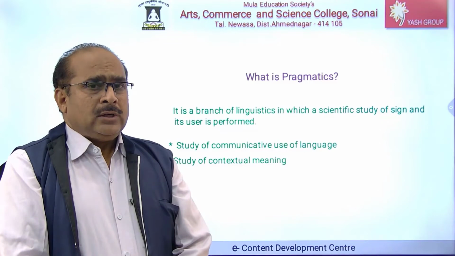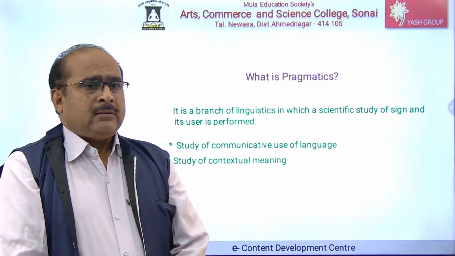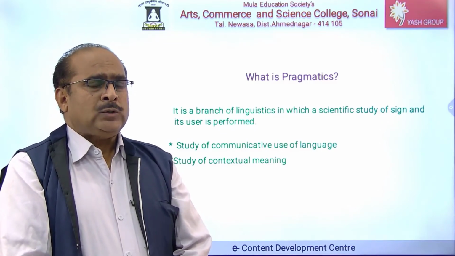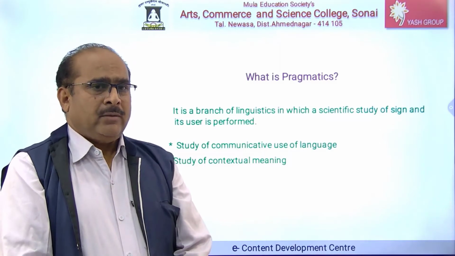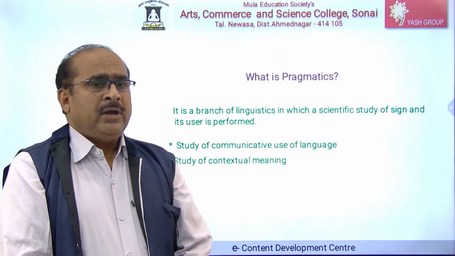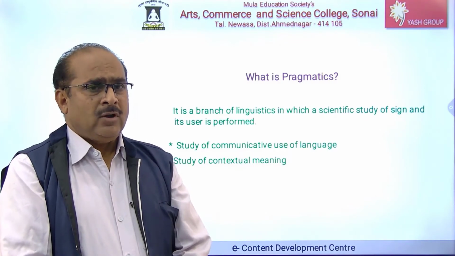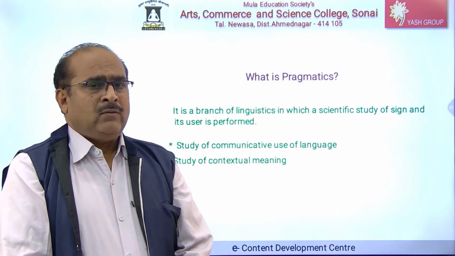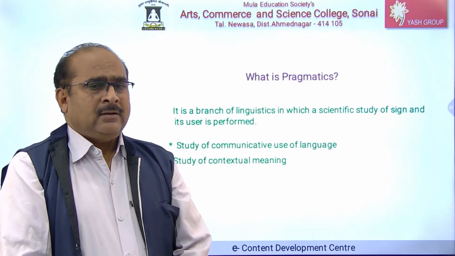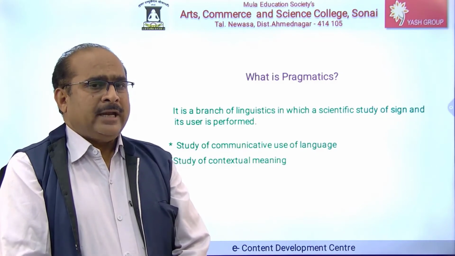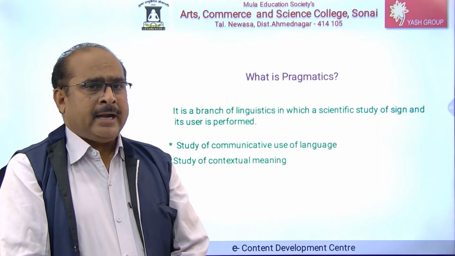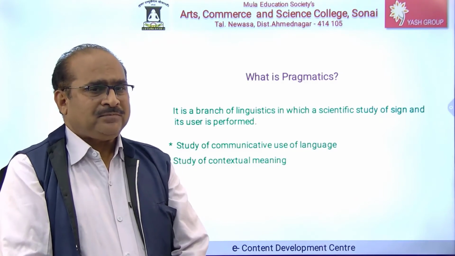So it is a study of a sign, and by whom the sign has been used is very important, because the same word may find different meanings in different contexts, in different situations. For example, when a mother says to her daughter that this is a cat, the meaning is that animal.